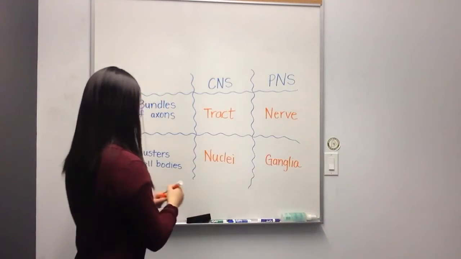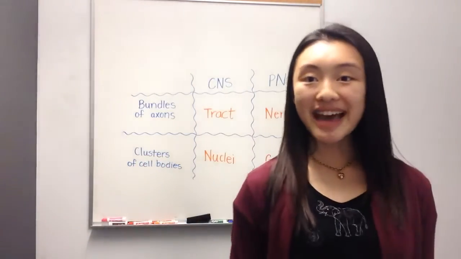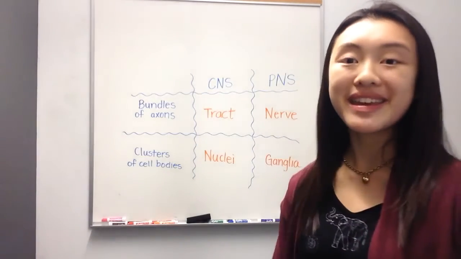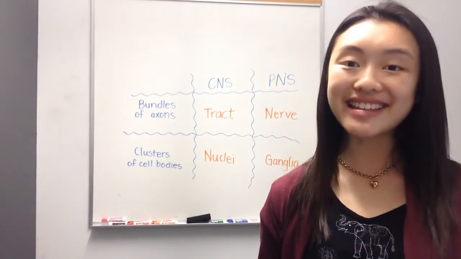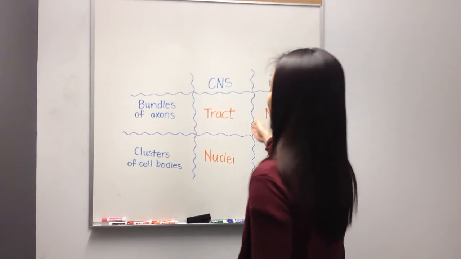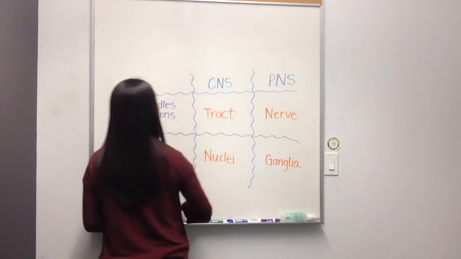If you have clusters of cell bodies in the CNS, we call them nuclei, but the exact same thing, if you have a cluster of cell bodies in the peripheral nervous system, it would be a ganglion, or ganglia if plural.